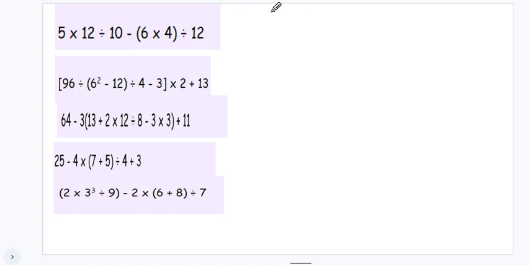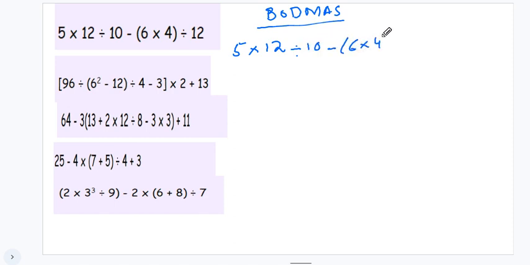So here we have again Bodmas. I'm writing here Bodmas. Okay, so what I have to do, 5 times 12 divided by 10 minus 6 times 4 divided by 12. So what thing I need to do first?